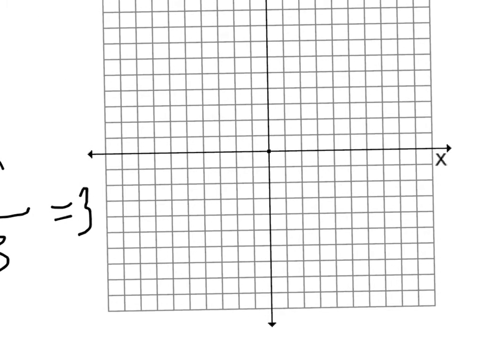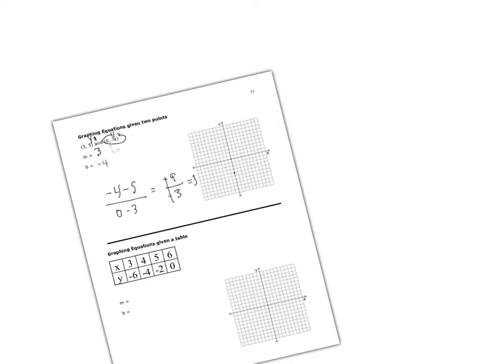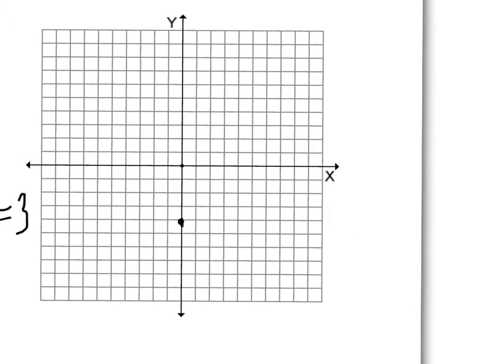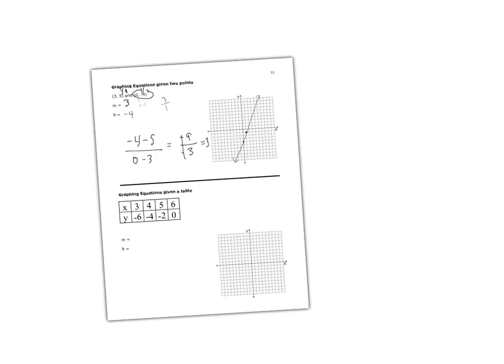Since our y-intercept is -4, we can come down here at -4 and plot a point. And since our slope is 3, we know our rise over run would be 3 over 1. So I'm going to go up 3 and over 1 from that point to get my next point. So up 3, over 1, and then draw my line in. Okay, so that is how you do it given two ordered pairs.